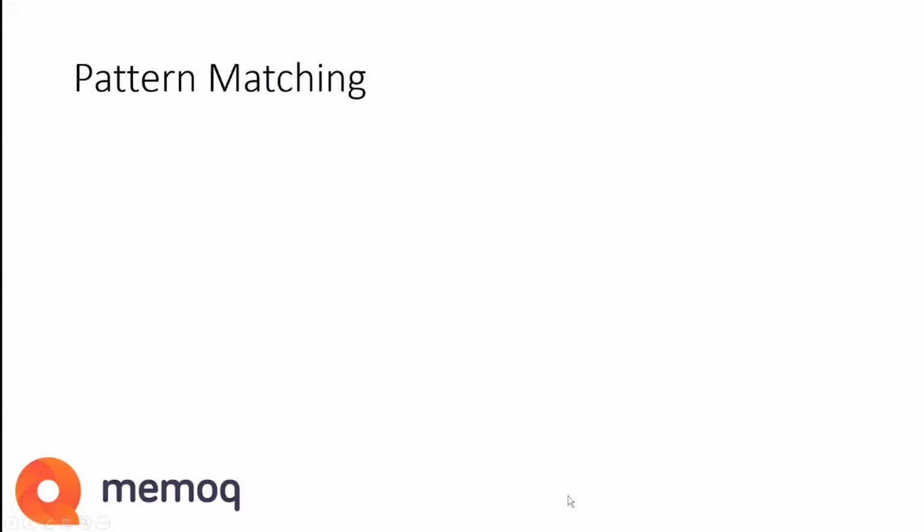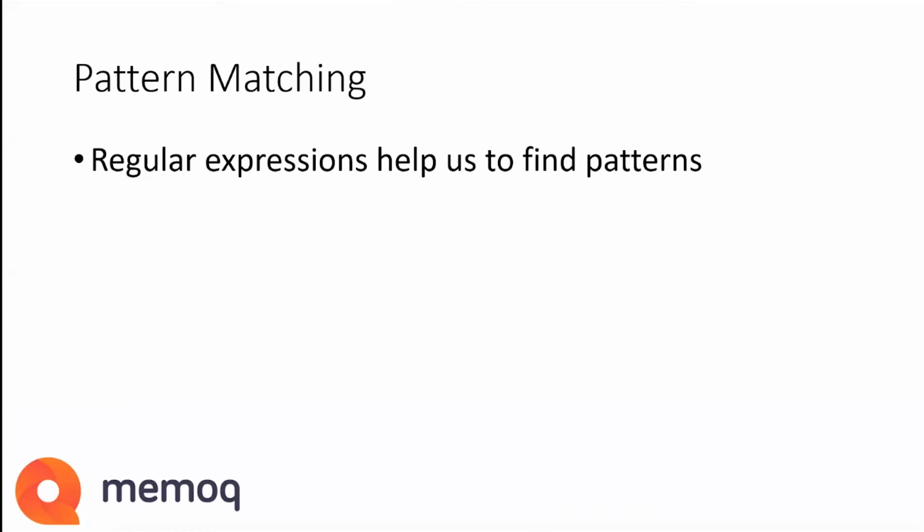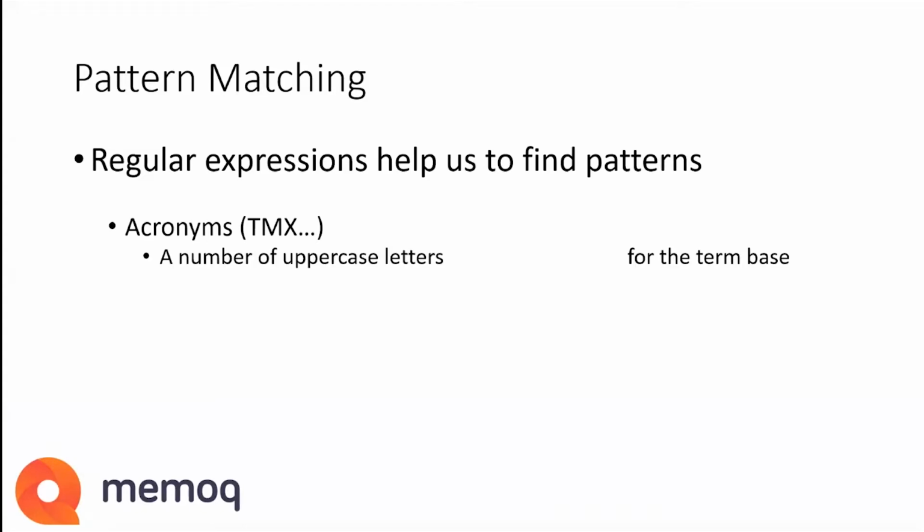It's pattern matching. We're looking for things that we want to use for something else. So, for example, we might want to look for acronyms, things that consist of capital letters only, because we want to put them into a term base. So we need to find them in our text. Or we could use it to find things that are written slightly special.